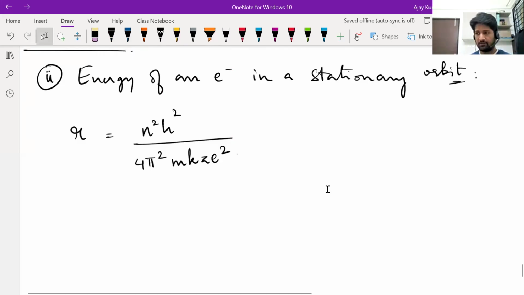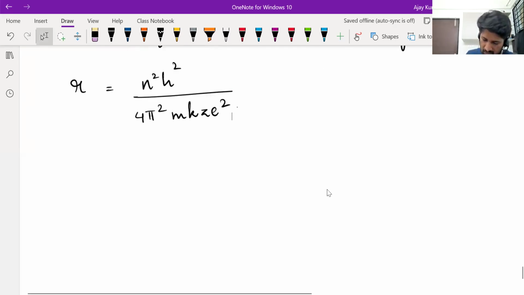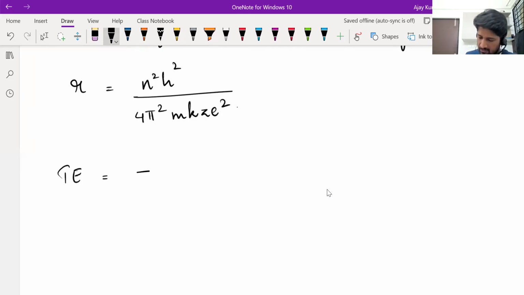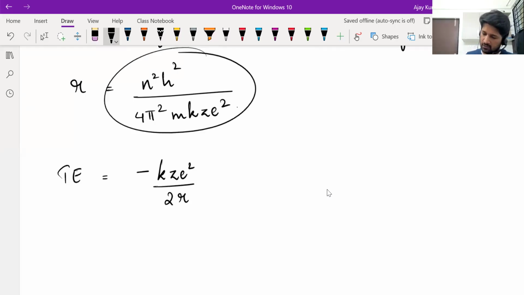If you have an expression for the radius, you can tell the expression for energy directly. In Rutherford's model, we already derived that total energy is minus kz e square divided by 2r. If you know the radius, you can tell the energy. That's all. So we'll plug in this value of radius here.